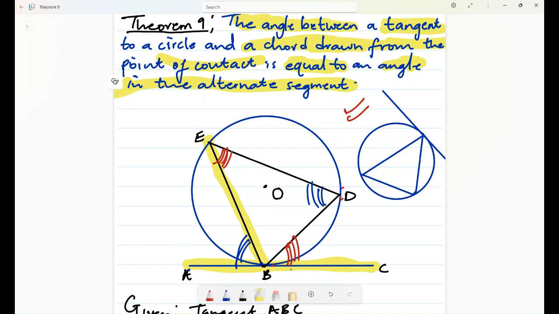It means if I'm talking about this angle here, it is going to equal to what? To the alternate segment angle, which is this angle here. Also, if I talk about this angle here, it is equal to the alternate segment angle, which is that angle here. So this is what Theorem 9 states.